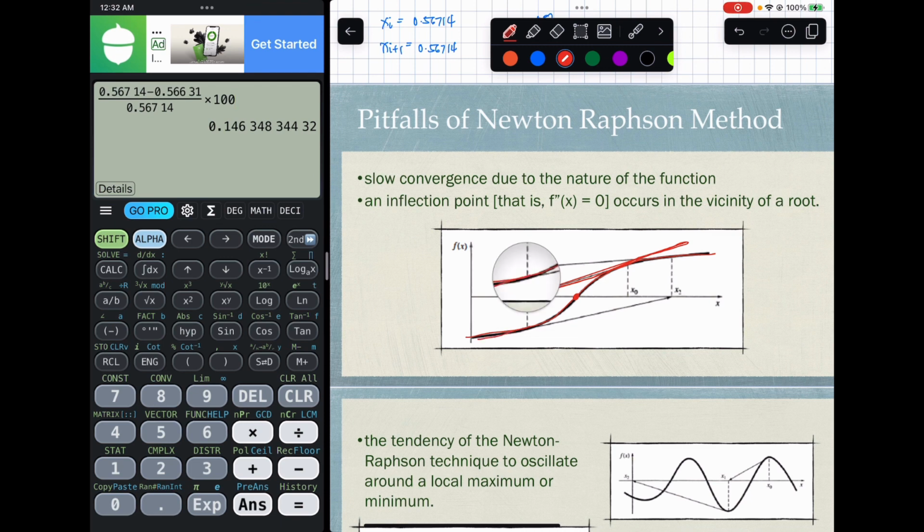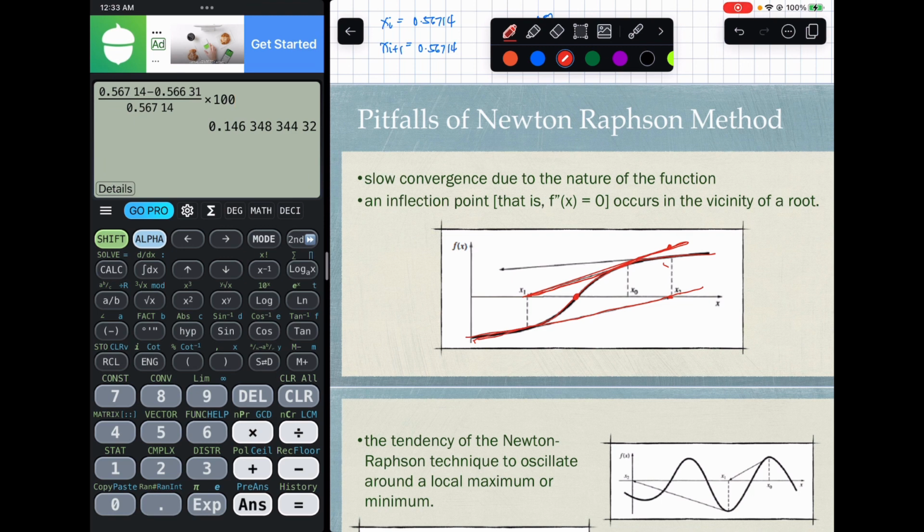For the second iteration, we go to another tangent line. The one that crosses the x-axis would be the new value for x.